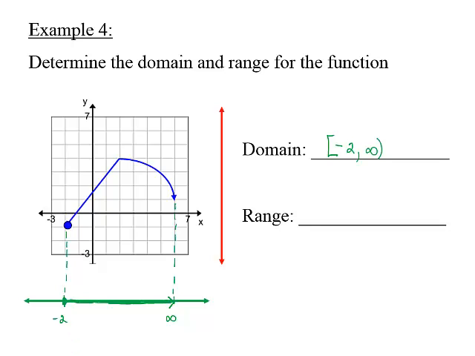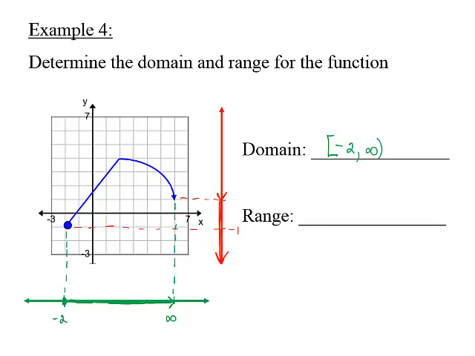For the range, I have to think about the bottommost point. And this is a little bit tricky because notice that it looks like a bottom point here at -1. But notice that this piece to the right has an arrow, so whenever I project it down, it's going to continue indefinitely. So it actually goes below this value of -1.